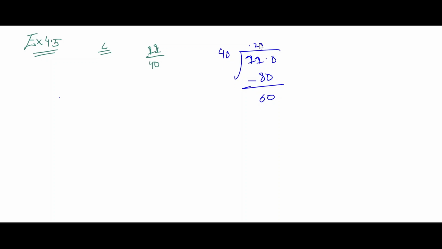Just put a 1 here, and 1 into 40 is 40, because 2 into 40 is 80, which is greater than 60, so we will not write it. 60 minus 40, we will get 20.